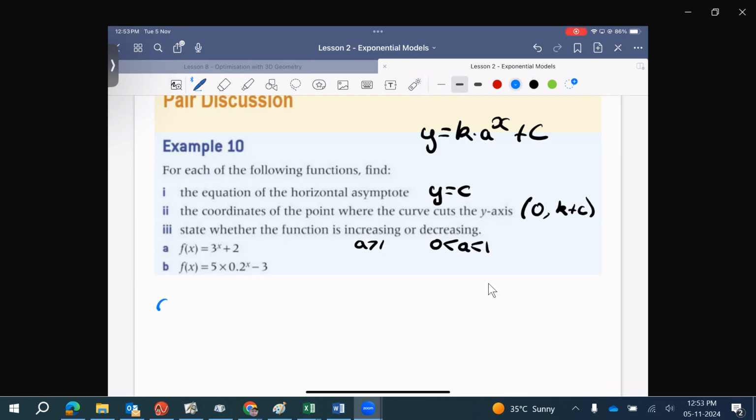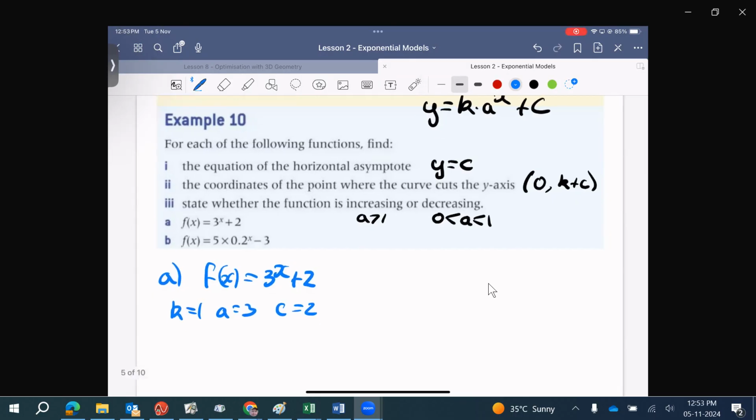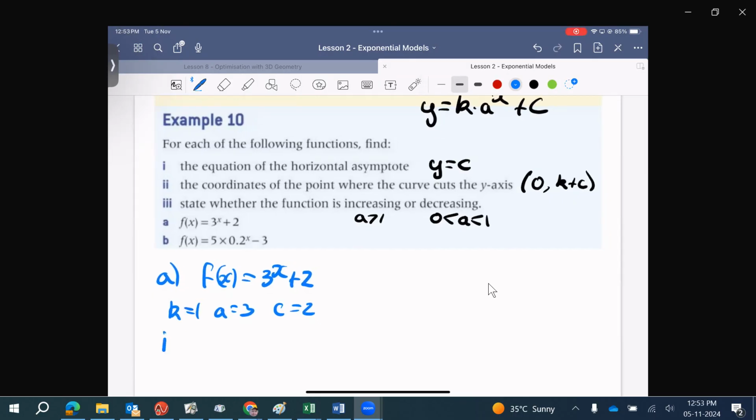For part a, we have the function f of x equals 3 to the x plus 2. The value of k here is going to be 1, which is why we don't see it. a is equal to 3, c is equal to 2. To answer our questions, the asymptote is going to be y equals 2.